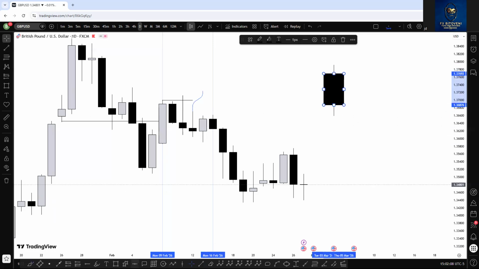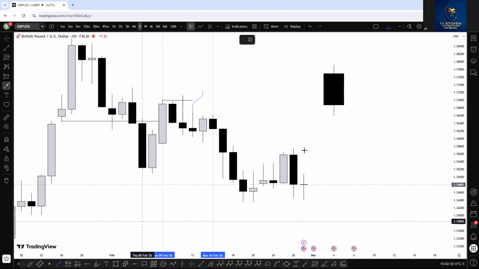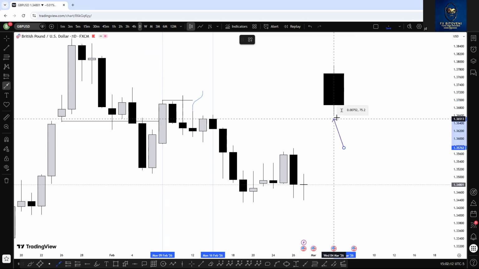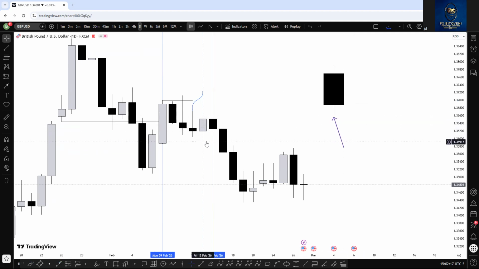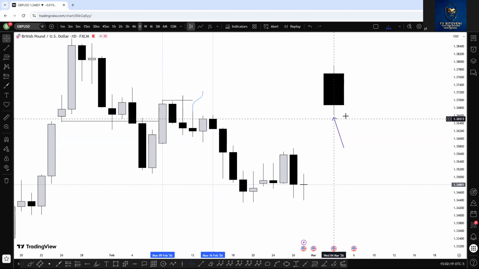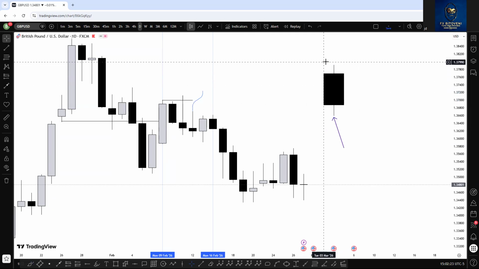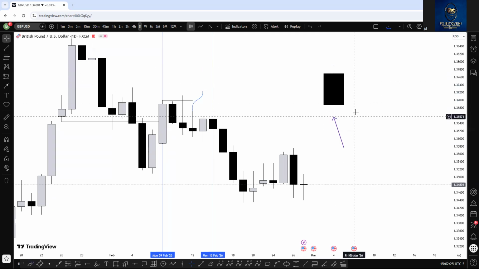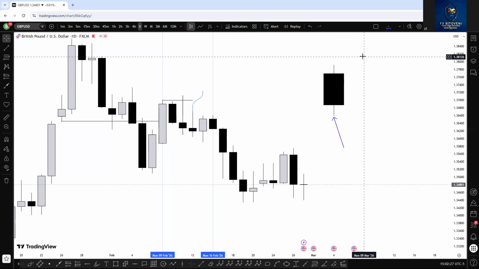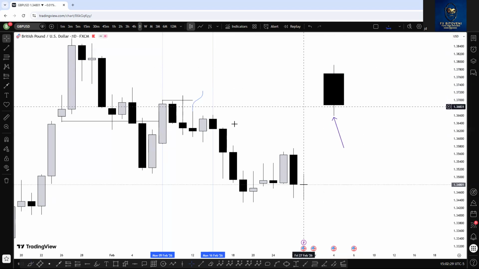So how will this low be formed? It will be formed by the Friday candle reversing, trying to go up. If you are bearish, Friday is likely to go up. If you are bullish, Friday is likely to go down. So you have to pay attention to that.